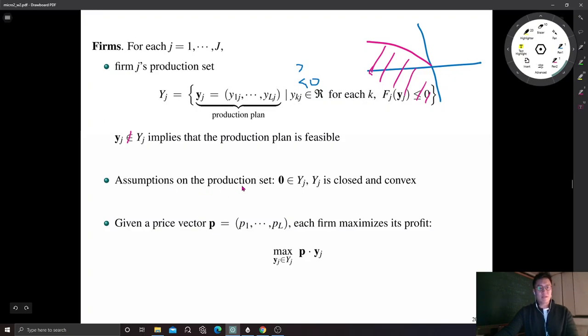And we make some assumptions on this production set. First, the origin is an element of this production set, meaning that the firm can shut down anytime without any cost. If there is some sunk cost in that production, then the origin is not an element anymore. So now the production set starts from this point.